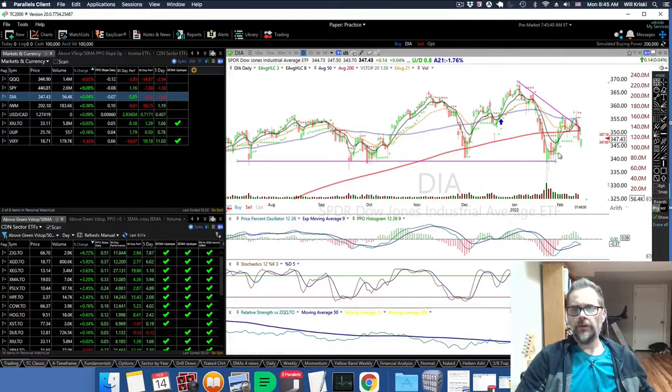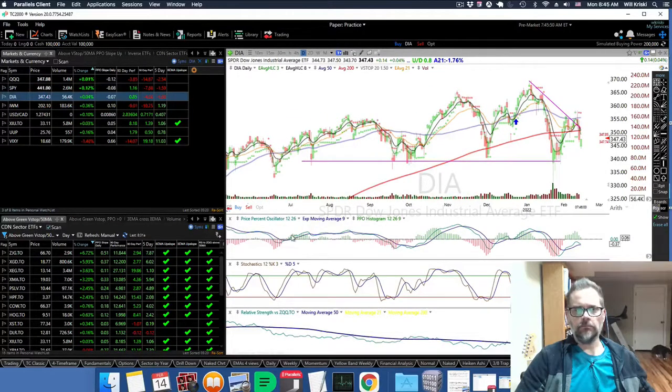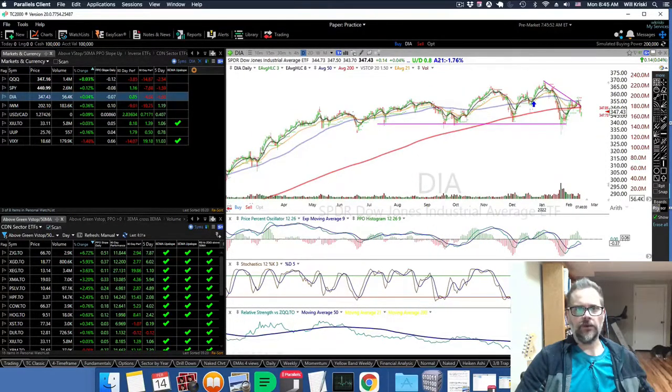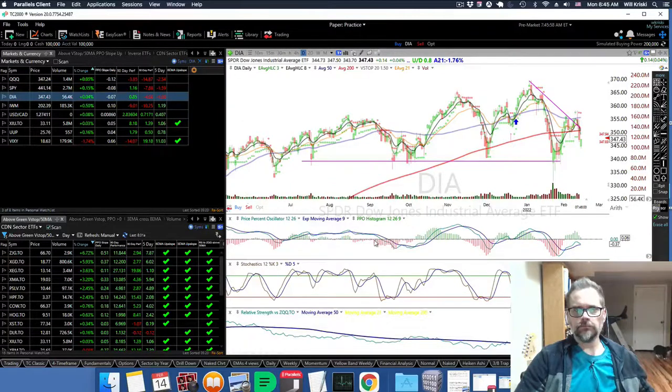One thing I was going to mention as well is with the price percent oscillator, zero is kind of a line where, when you're above zero, you generally are in a stronger uptrend. You can see here, this whole uptrend, we are above zero quite a bit. Once you get down below zero here, like here, crossing the 50, it's not a great time.